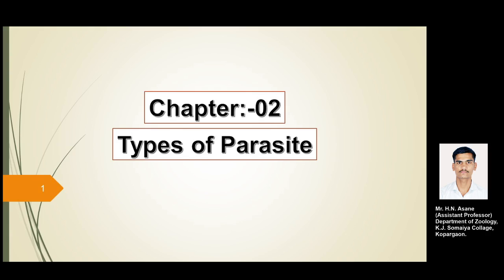The host is an organism which harbors these parasites. Parasites are metabolically dependent on their host and derive benefits from that host. Therefore, parasites live at the cost of their host.